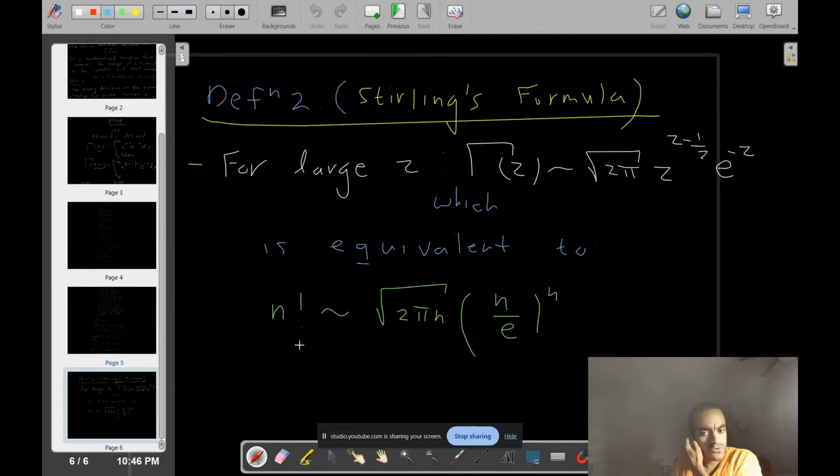Now, definition 2 of Stirling's formula states that for large z, gamma of z is asymptotic to the square root of 2 pi times z to the z minus 1/2 power, all times e to the negative z, which is equivalent to n factorial. Remember, gamma of z is just n factorial, so n factorial is asymptotic to root 2 pi n, all times n over e to the nth power.